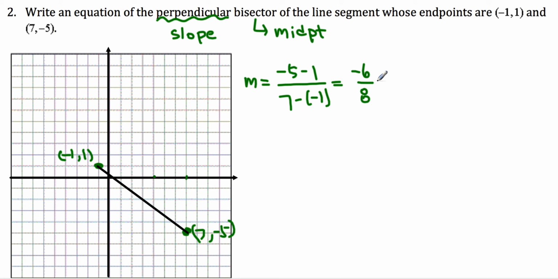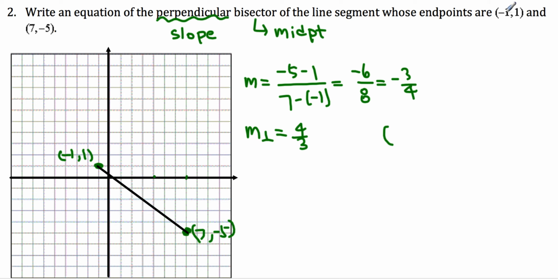Now, yes, you can simplify this one as negative 3 over 4. But what is the slope that's perpendicular to that? Then it'll be the negative reciprocal of it, so we get 4 over 3. That is the slope that's perpendicular to the given one. Now, how about the midpoint?